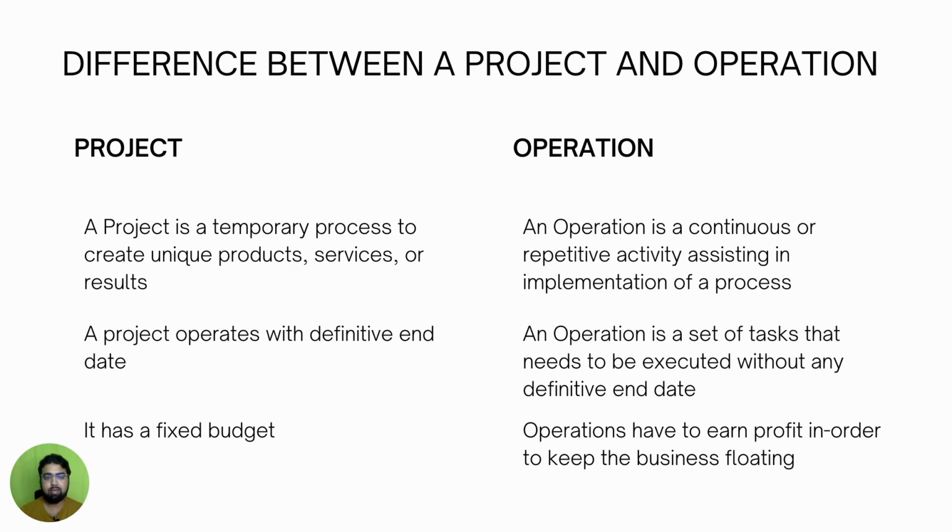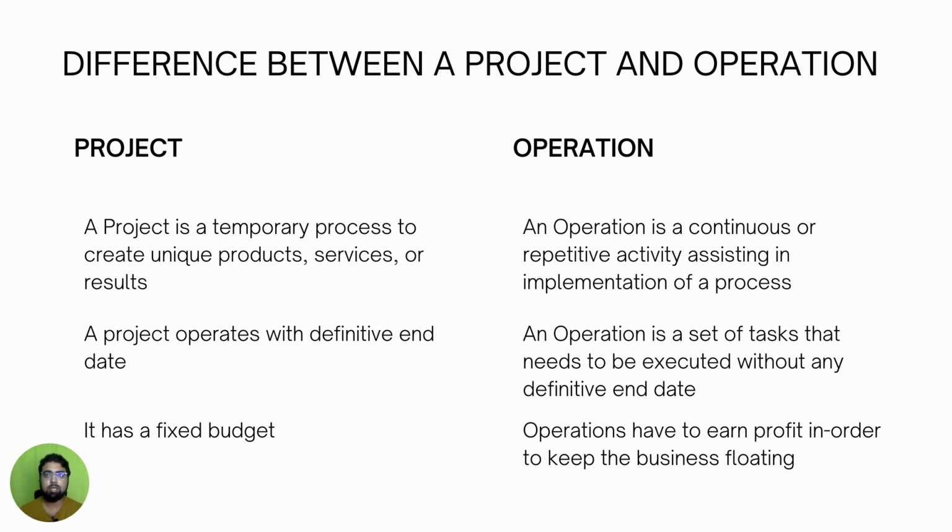Now let's look into the second point. A project operates with definitive date. It could be end date, start date, whatever dates it is. It also has milestones attached to it. Now that is a project. An operation is a set of tasks that needs to be executed without any definitive end date. So now we can talk about operation.